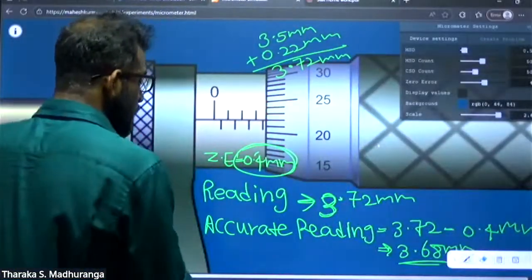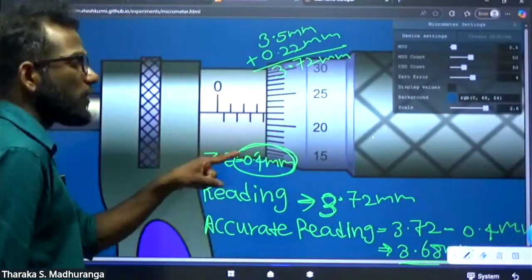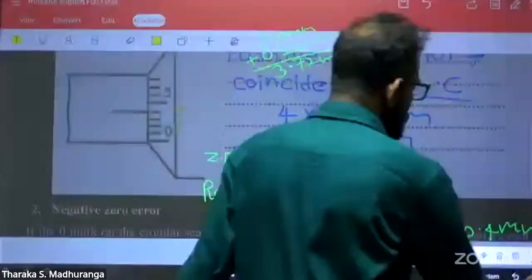Get the accurate reading if any instrument has positive zero error.